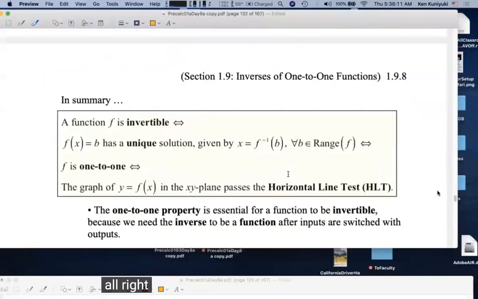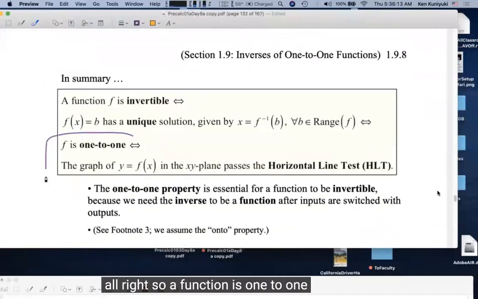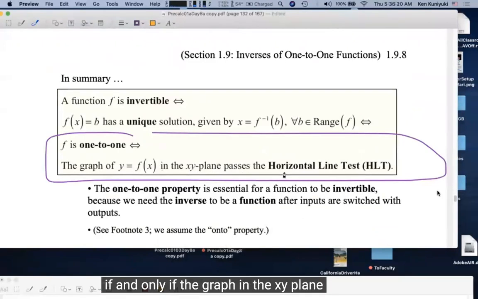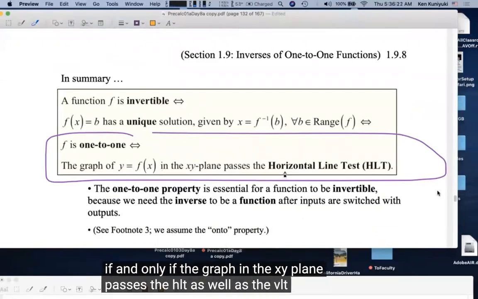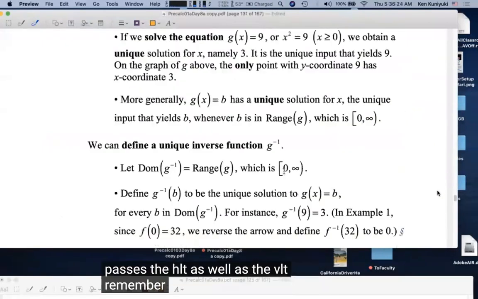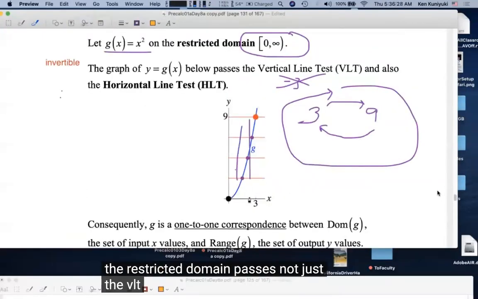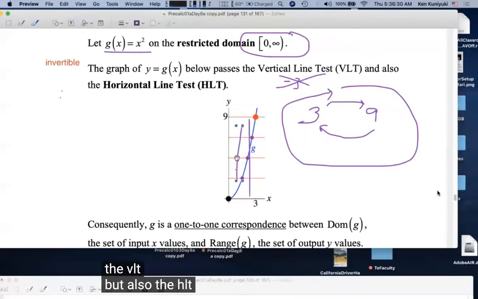All right. So a function is one-to-one if and only if the graph in the xy plane passes the HLT as well as the VLT. Remember, this restricted graph here on the restricted domain passes not just the VLT, but also the HLT.